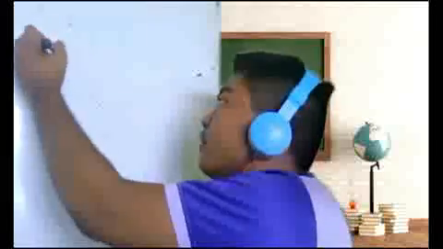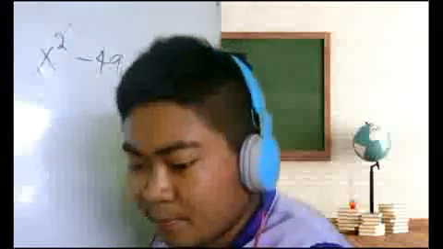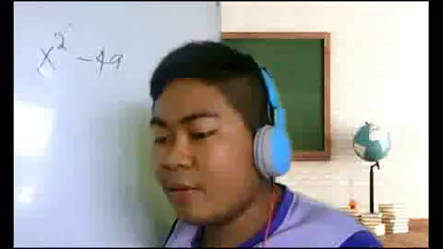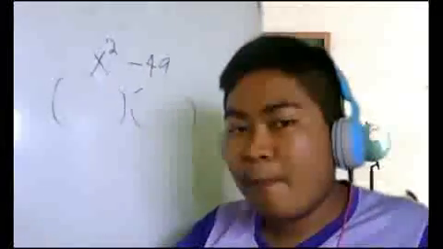So, if we're factoring this one, x squared minus 49, paano nagiging ano nito? Sagot natin dito, we have 2 close and open parentheses.